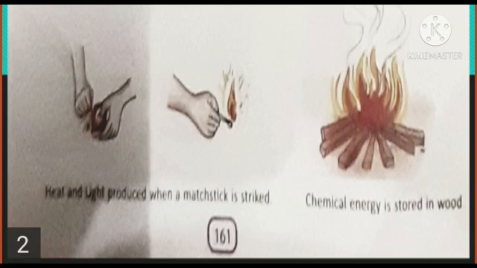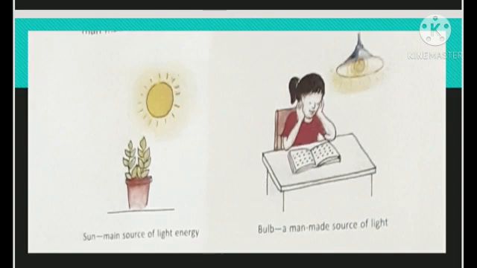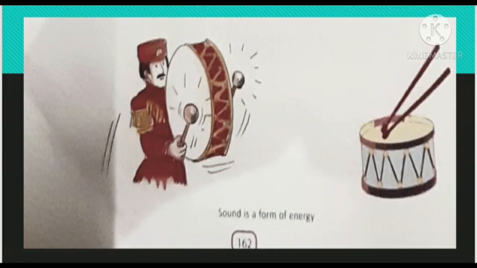Next, you can see the light energy that is used by a girl to read a book and by plants to perform photosynthesis. Think about the sound coming during the morning assembly from the drum due to vibration of the membrane stretched over the drum.